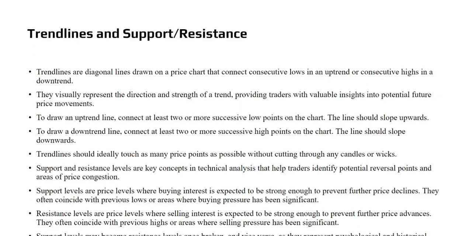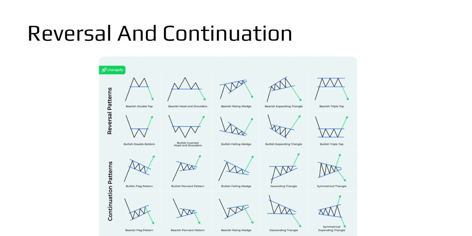You just draw on the chart and try and see where it's going. All of these continuation patterns, like these flags, are all resistances and supports that are keeping the price moving in that direction until they break free or they reverse.